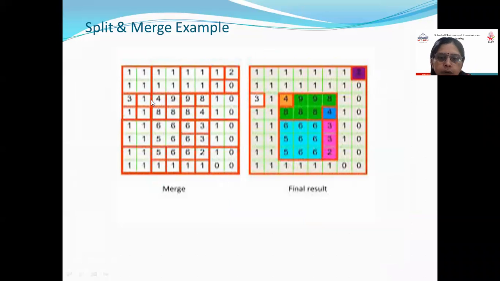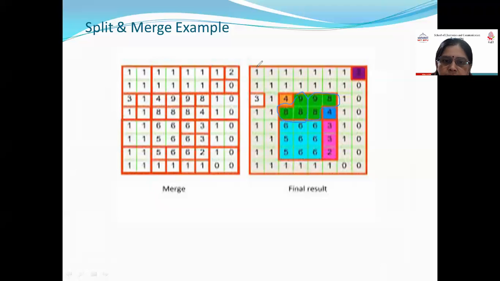So this is one more example of split and merge. We can go on splitting and check whether the adjacent regions are similar. Here this region is similar to this region, so we can merge them together. Again, these regions are similar to each other, so we merge them.